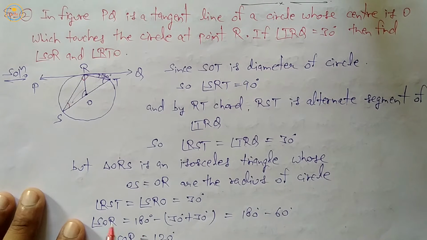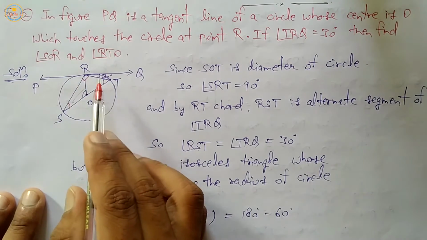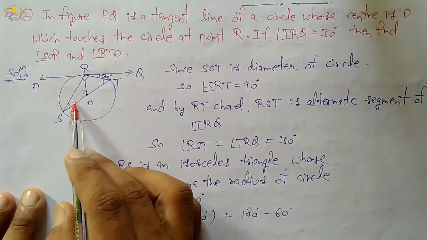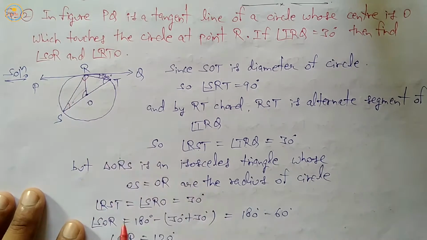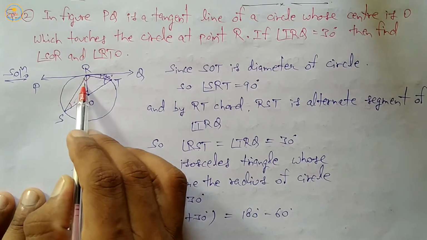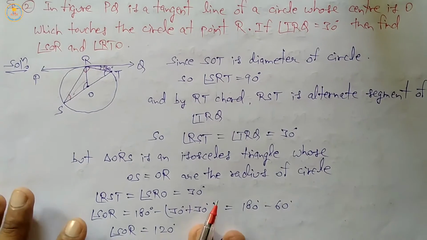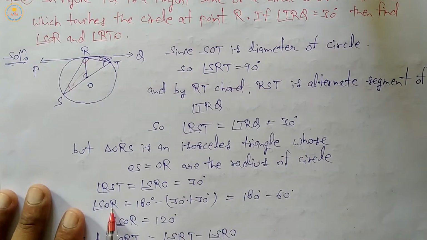Now, angle RST is equal to 30, and angle RST equals angle SRO. These two are equal, so 30 degrees.